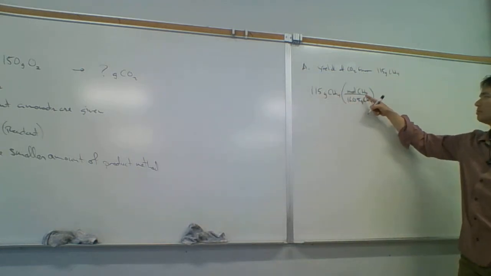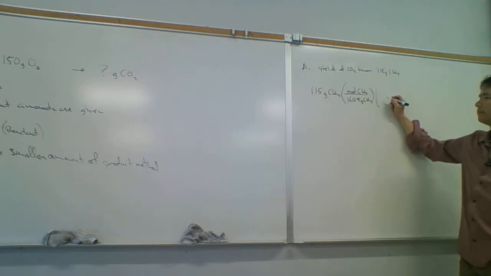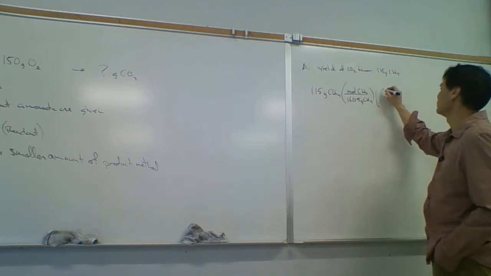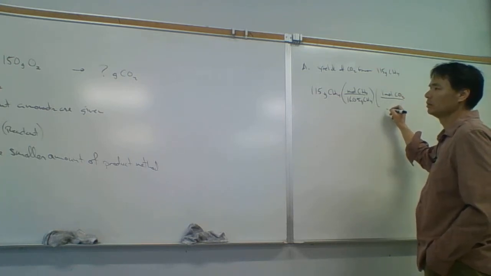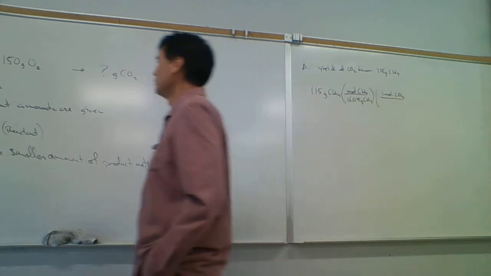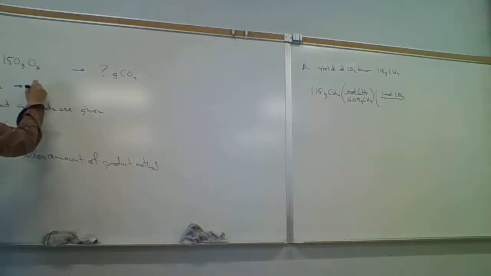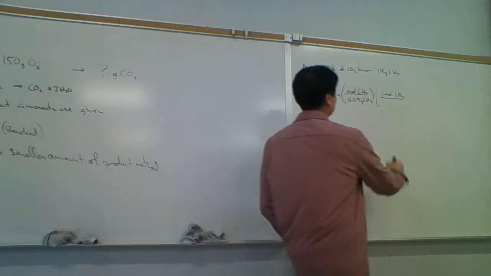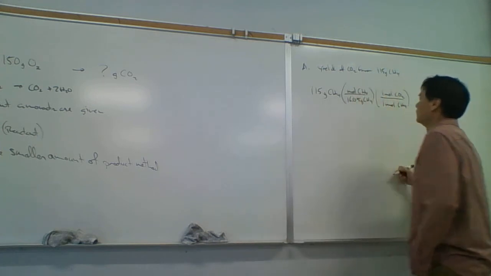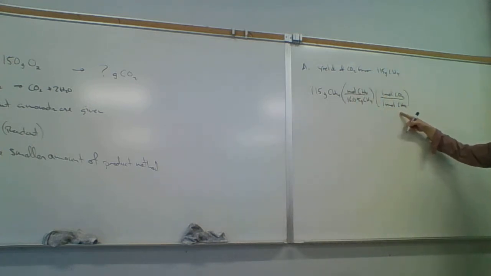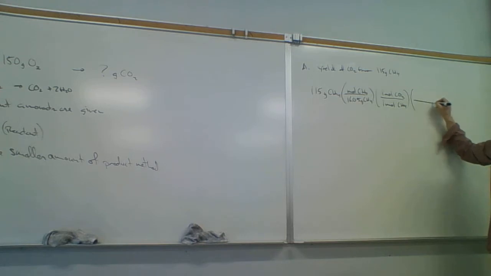So we go grams to moles, then moles to moles. We're going to go from moles of methane to moles of CO2. It's a 1-to-1 mole ratio. So 1 mole of CO2 for every 1 mole of methane. Then moles to grams: 44.01 grams of CO2 for every mole of CO2.